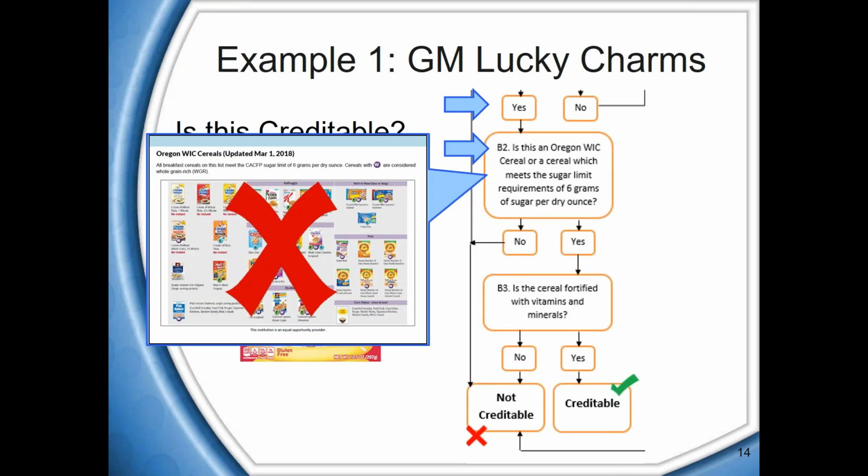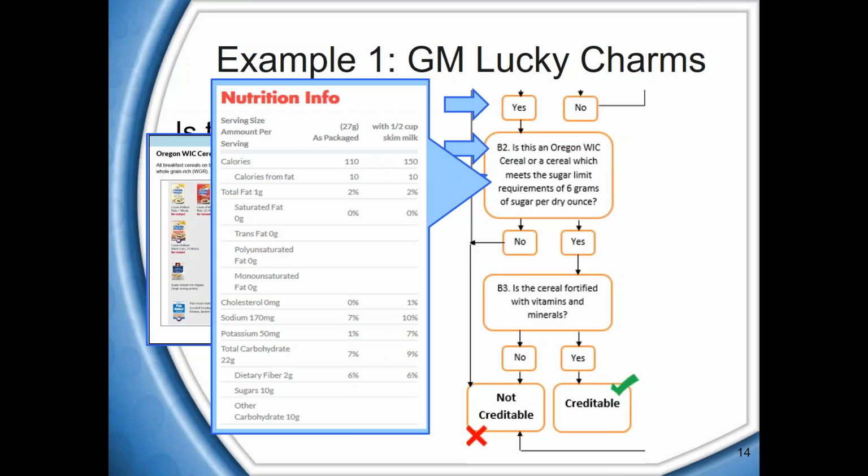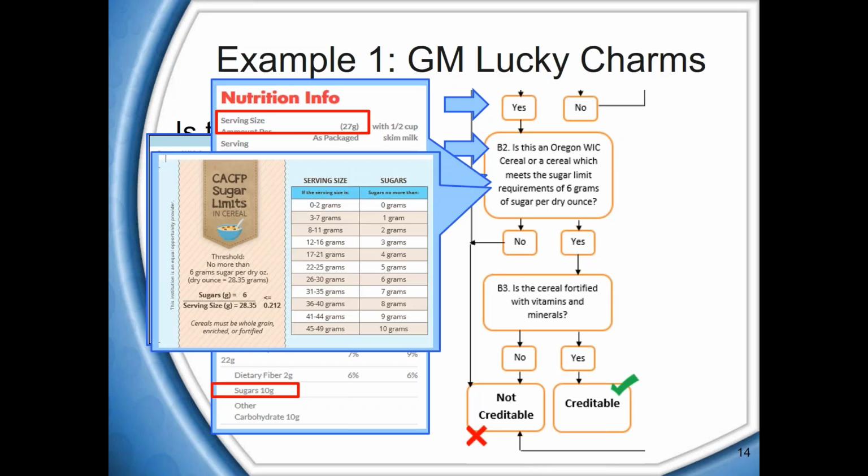This means that we need to look at the nutrition facts label for Lucky Charms. To do that, you need to look for the serving size, which is 27 grams, and the total sugars, which is 10 grams. Compare this with the serving size and sugar on your CACFP sugar limit card.